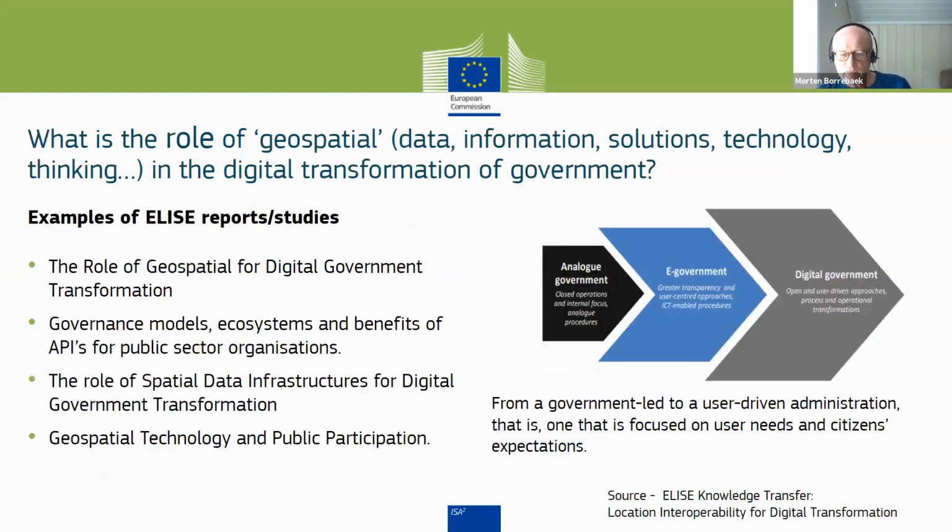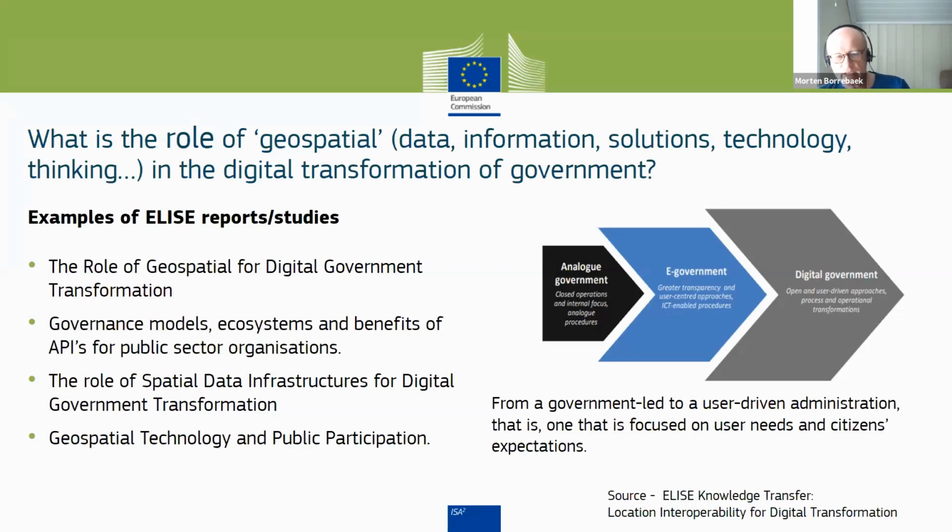Moving from analog government, okay, that's some time back, we are moving in the e-government direction, and we are moving in the digital government direction, and transparency and user-centered or user-driven approaches are important. And what is actually the role of geospatial in this digital transformation?